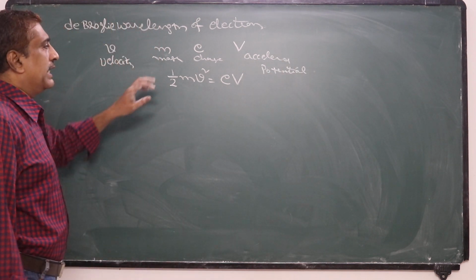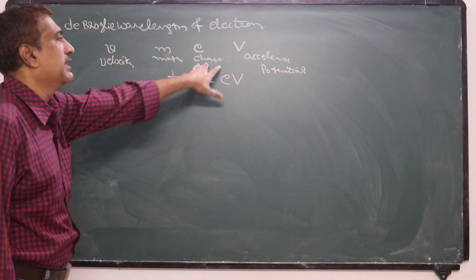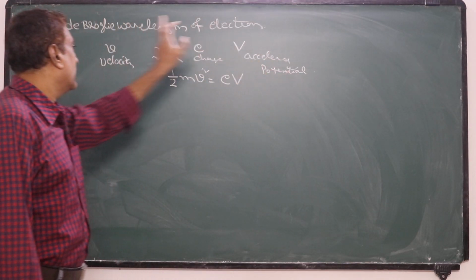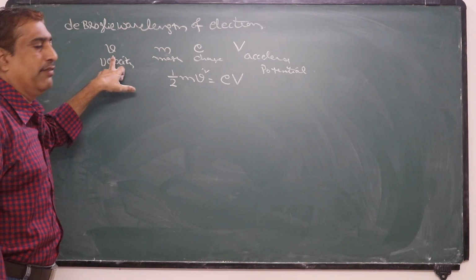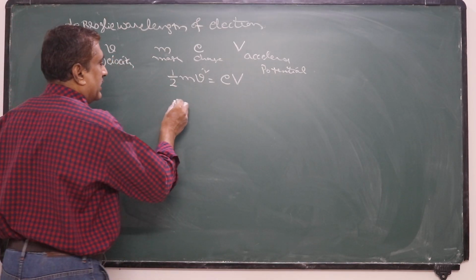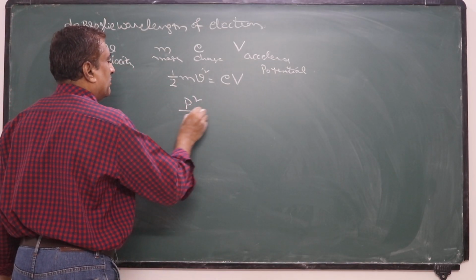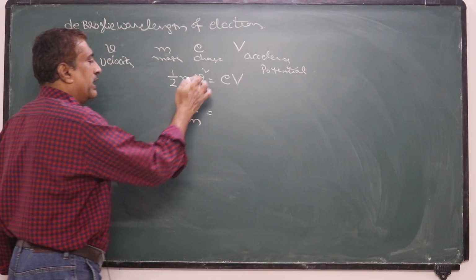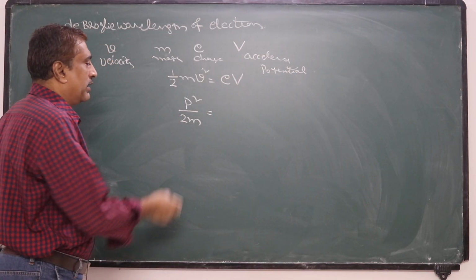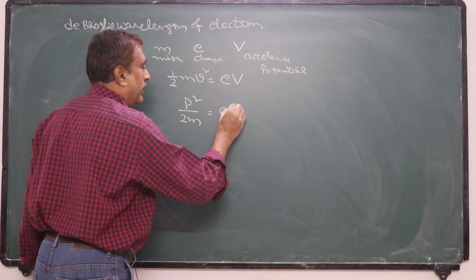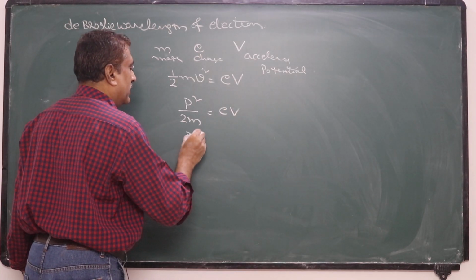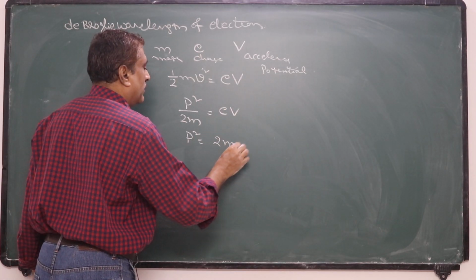So assume that an electron of mass m, charge e is accelerated through a potential V, so that the gain in kinetic energy is eV. Now we can write this equation as p square by 2m, as we know. So kinetic energy can be written as momentum square by 2m, that is equal to eV, which implies p square is equal to 2m into eV.